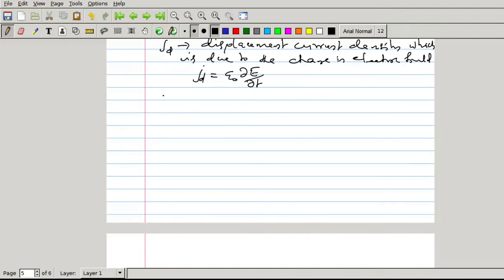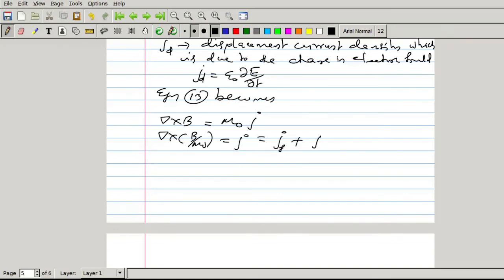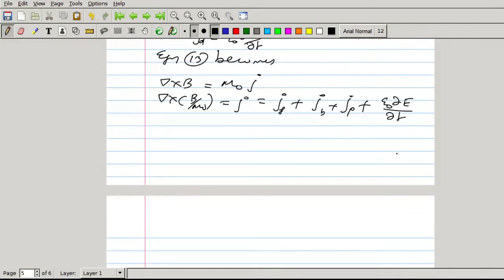Now we can write equation 13 as del cross B is equal to mu 0 J, or we can write it as del cross B by mu 0 equal to J. This J is J free plus J bound plus J polarization plus epsilon 0 dou E by dou T, the displacement due to change in electric field.